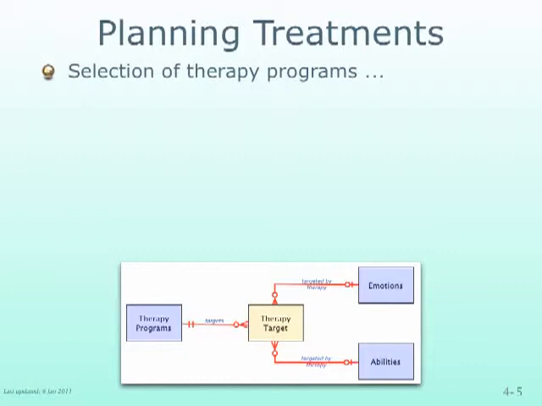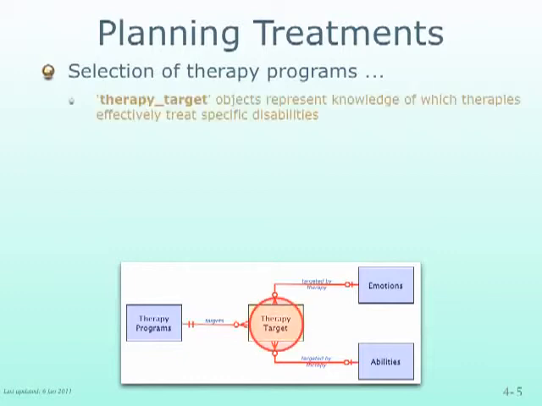Because, as we saw earlier, the central database contains therapy target objects, which, hopefully, represent up-to-date, evidence-based clinical best practice, and which clinicians and community-based therapists can access to receive expert guidance in the selection of therapies that most effectively treat specific physical, mental, cognitive, or emotional disabilities.